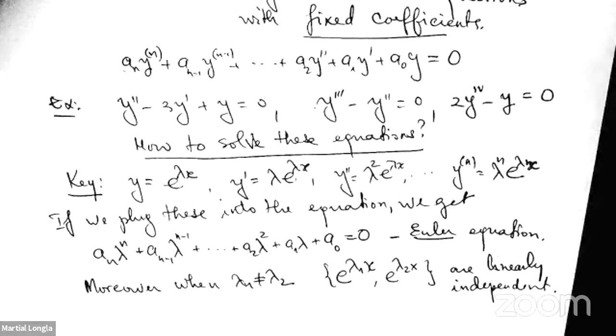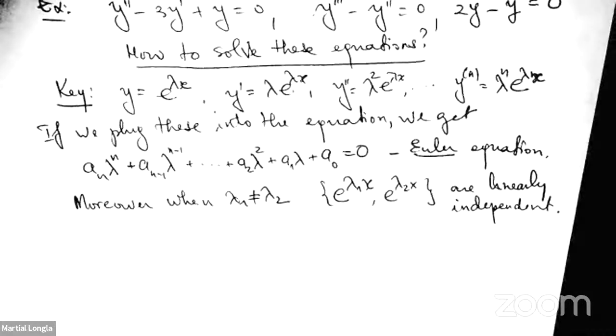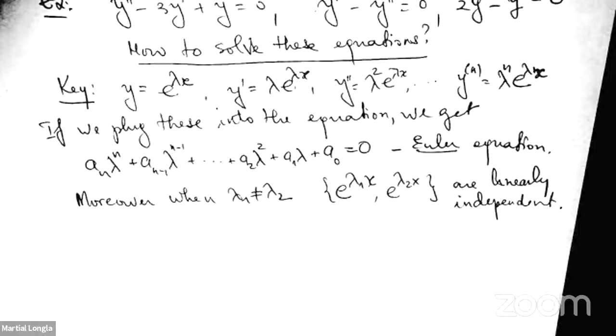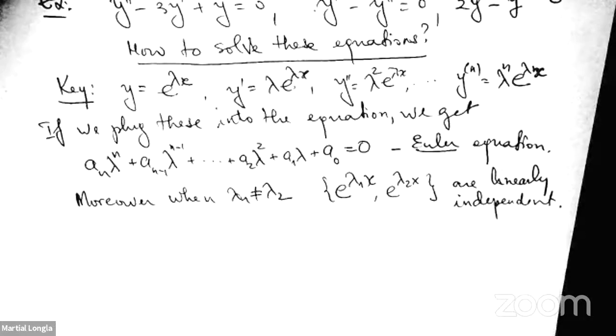We showed that in the previous lecture easily. And because of that, if we have a second order equation, then we have hope that if we get two different lambdas, then we have two linearly independent functions that solve the equation.